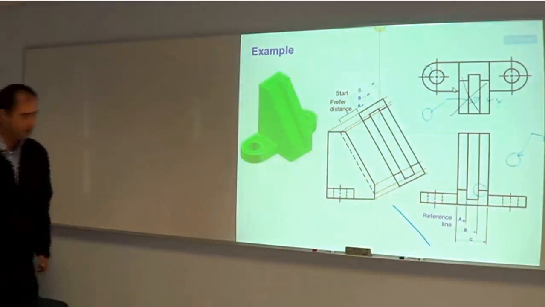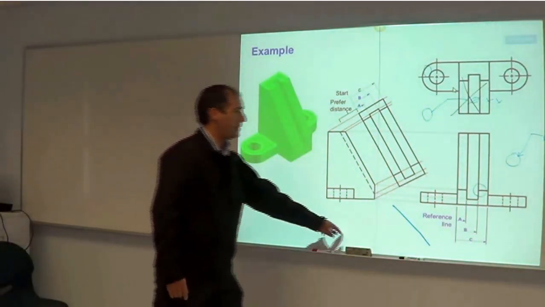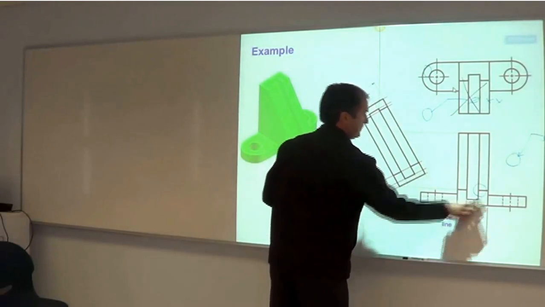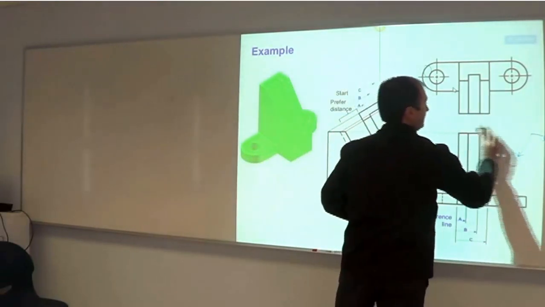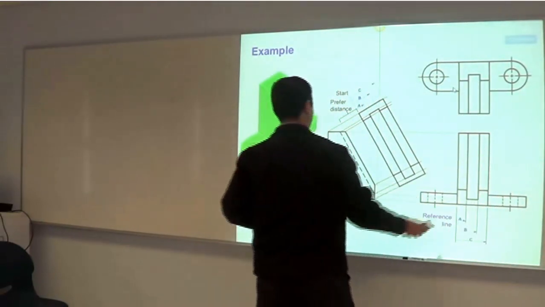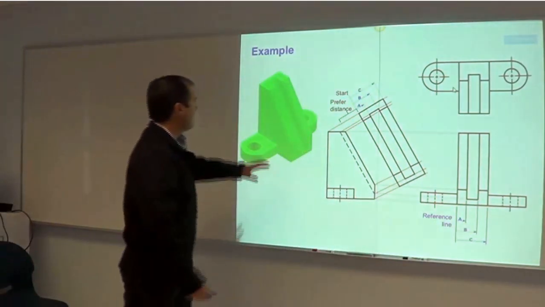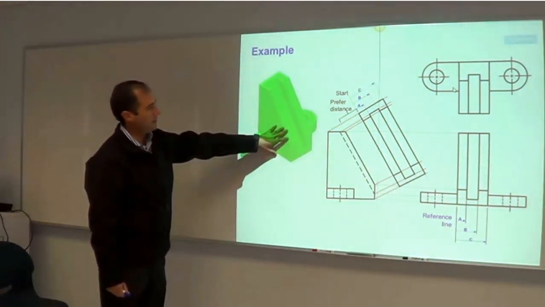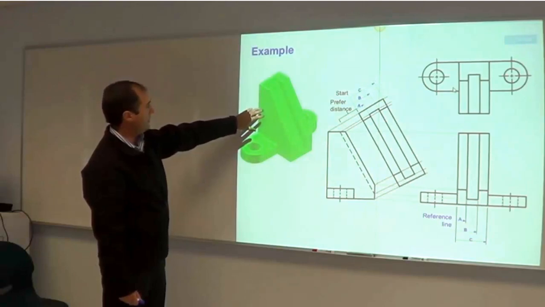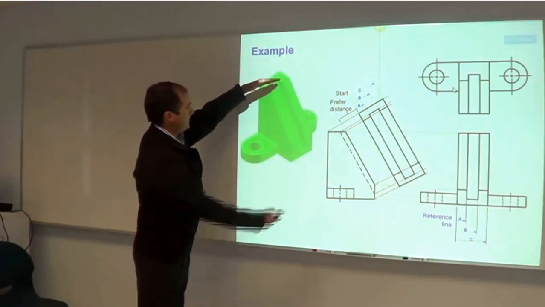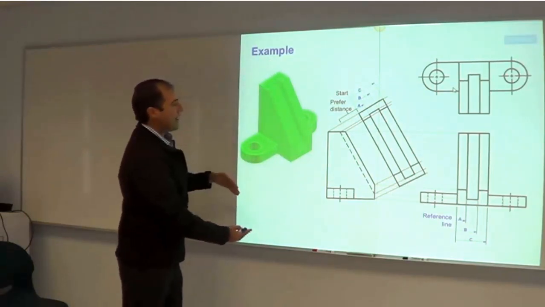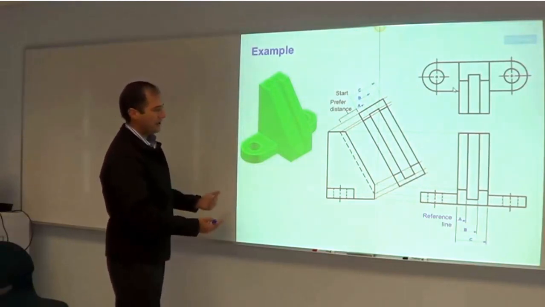An additional example would be this one here. This kind of geometry, and we are interested in this length. Well, we gotta show again an auxiliary view.